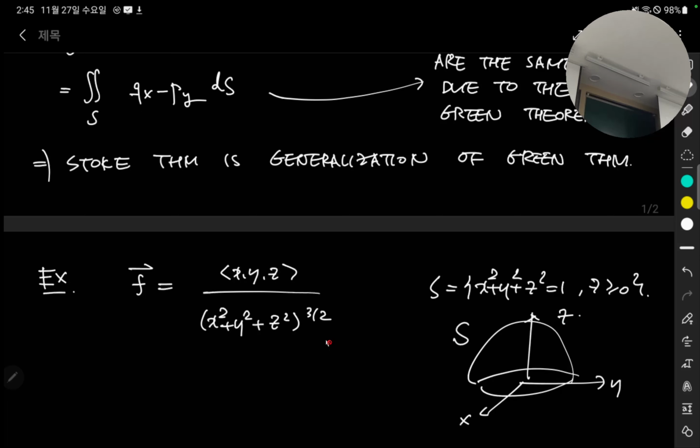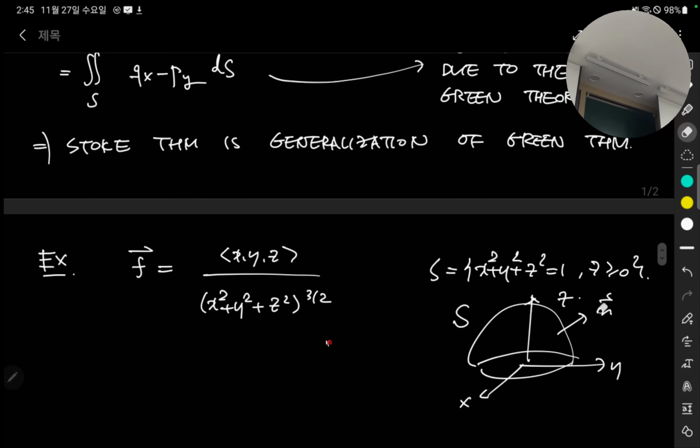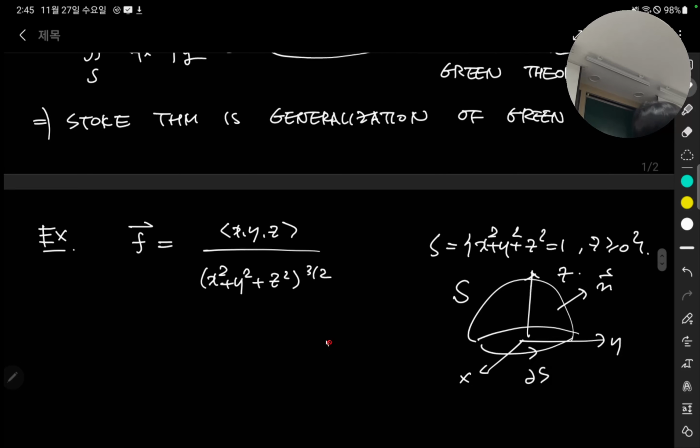That's my S. And I assume the orientation is N, and the orientation of the boundary is this direction. From now on, I'm going to write the boundary of a surface in this notation, the curly D and the S here. That's the positive orientation of the boundary according to the orientation of the surface.